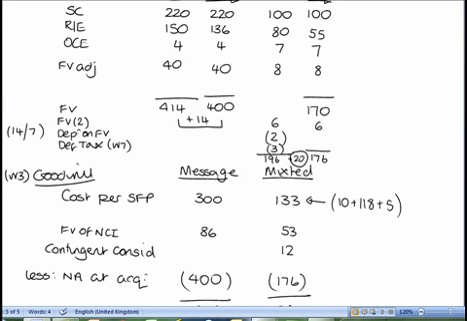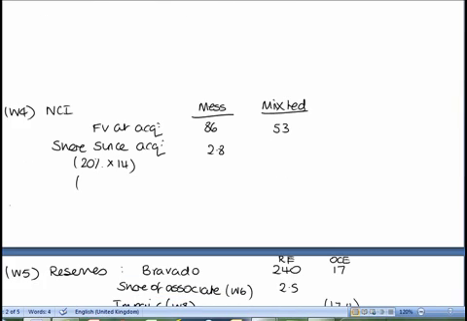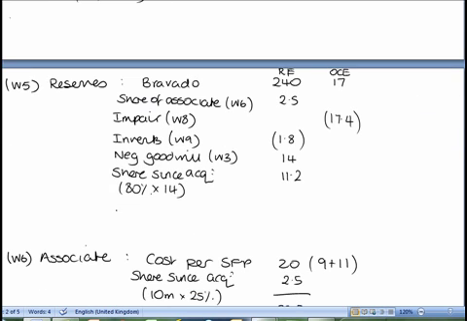So that's going to be 70% and 30%, and the profits since acquisition were 20. So for the NCI, it's 30% of 20, which is 6, and 70%, which is 14 for retained earnings.